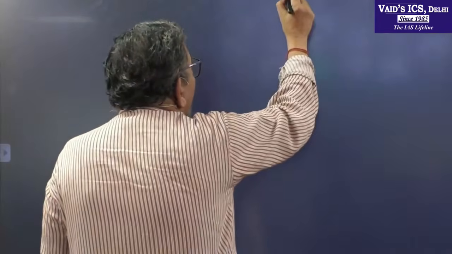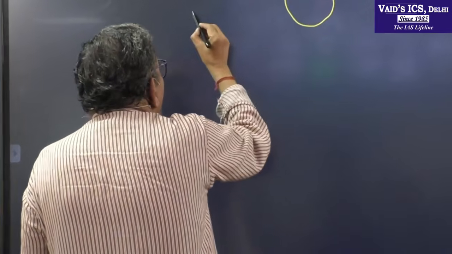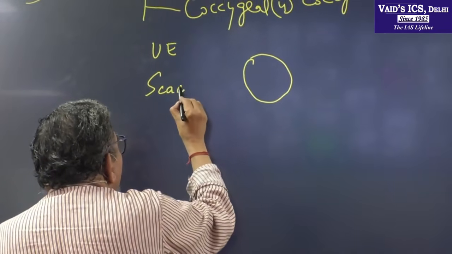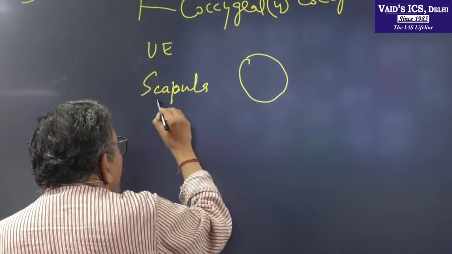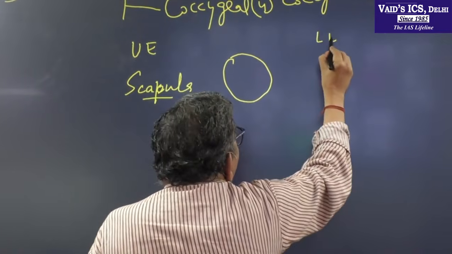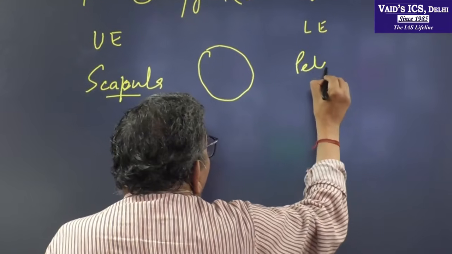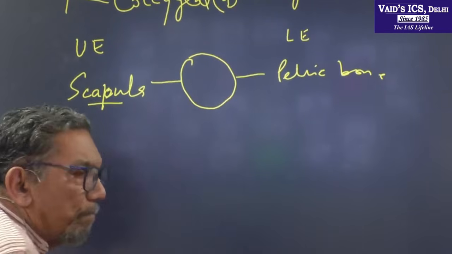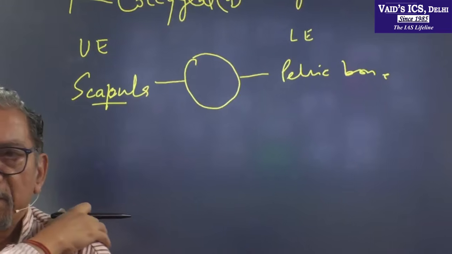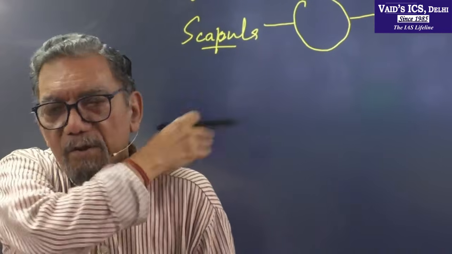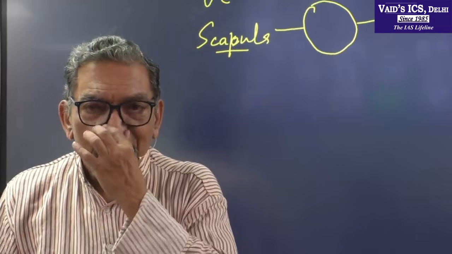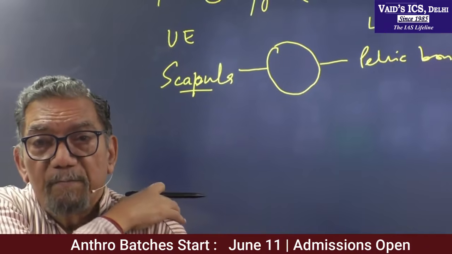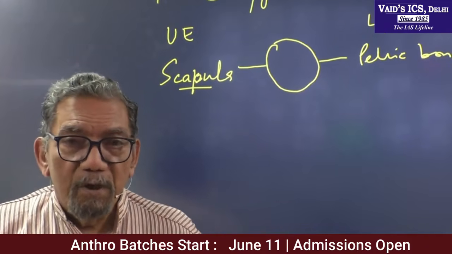Starting at the top, here you have scapula, upper extremities, here you have lower extremities, pelvic bone. This is scapula. We call it shoulder bone. It's not the shoulder. A major part is at the back only. Scapula, upper arm, hip bone, lower arm, pelvic bone.